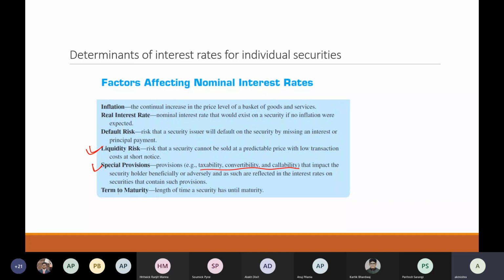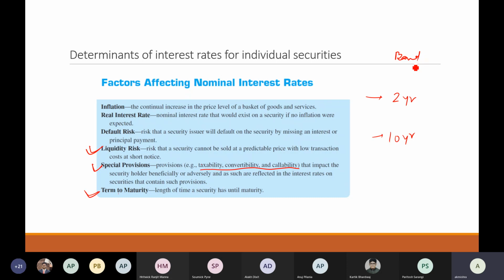And also term to maturity, as we will see in subsequent slides, whenever we compare investments, let's say an investment for 2 years versus an investment for 10 years. Let's say the same company is issuing 2 bonds.